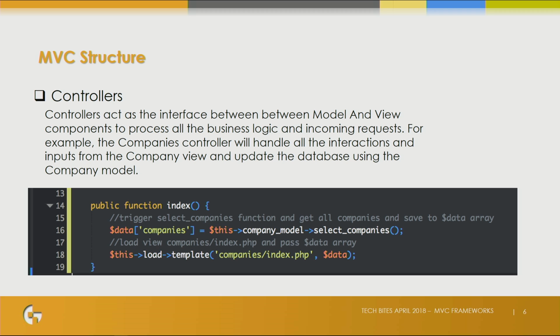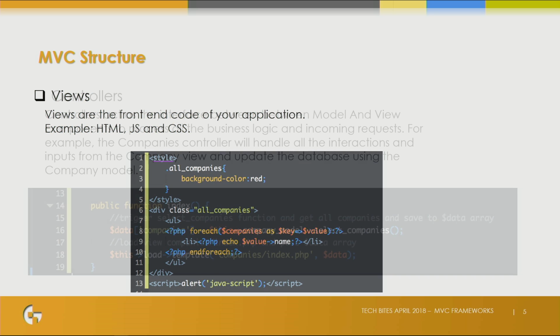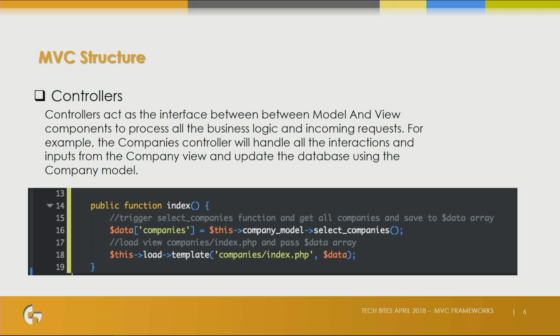So we created an array, or think about it as a container that's going to host everything for you, all the names. I'm calling the model, which is the company model, and going back, that's the company model. I'm calling this function, getting the result from this function and saving it into a container, and then sending it back to the view.